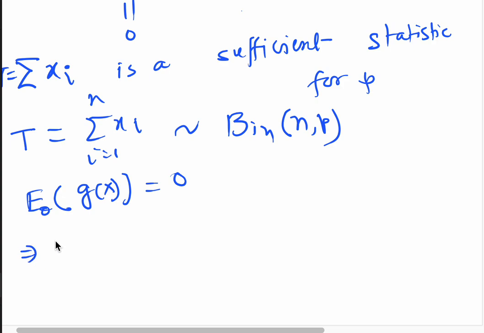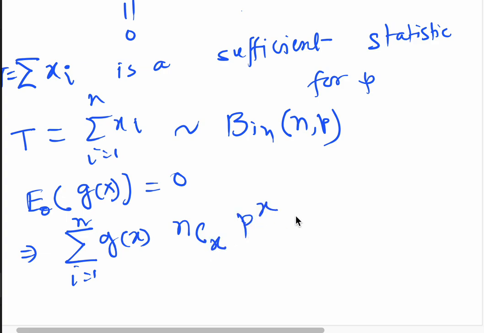That means summation of g(x) n C x p to the power x (1 minus p) to the power n minus x should be 0.